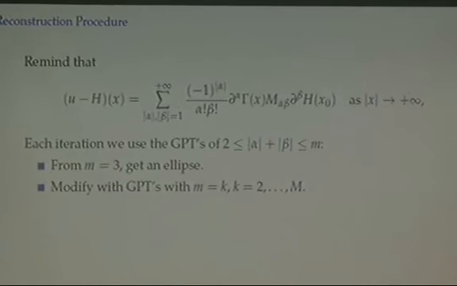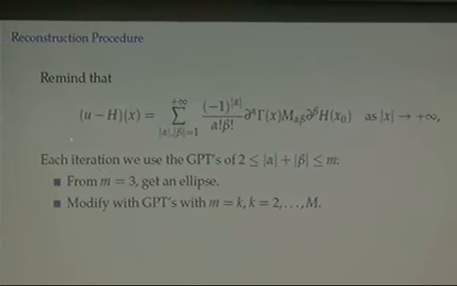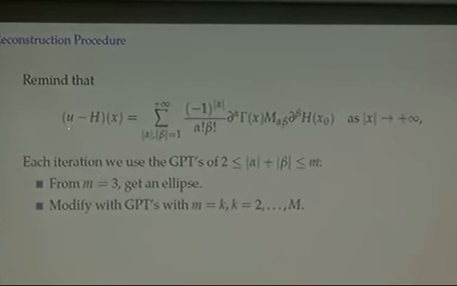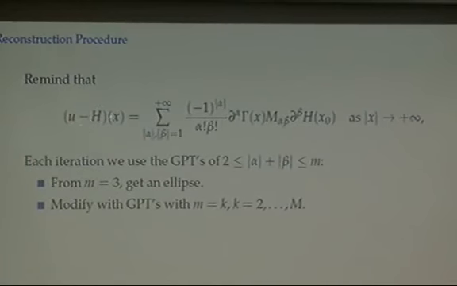And now I will explain the reconstruction procedure. To remind you, the data we have is U, and H is the applied function. So the data we have is U minus H, and then there is some method to get this M alpha beta. Let's assume you have M alpha beta up to order K. For K equal to 2, it has an ellipse shape, and for some information of K equal to 3, you can get the center of mass.